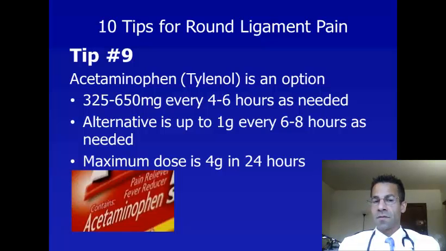The recommended doses are 325 to 650 every 4 to 6 hours, and only as needed. You can take up to 1 gram every 6 to 8 hours, but you should not take more than 4 grams in 24 hours. Acetaminophen is safe in pregnancy, and so it is recommended if you do take something for your pain.